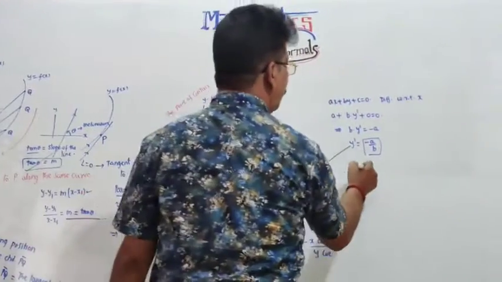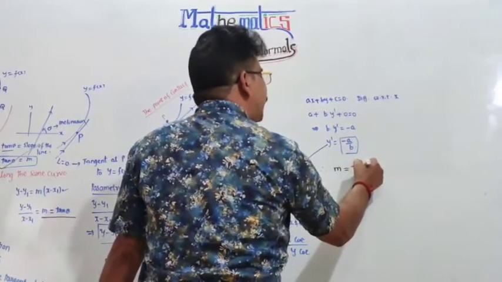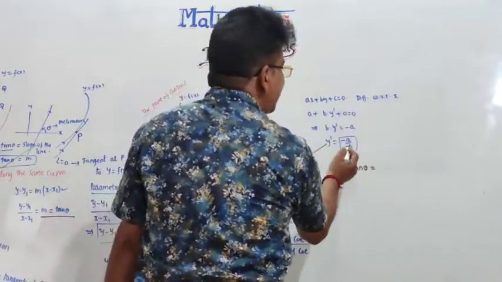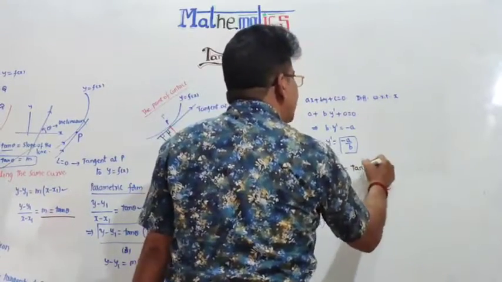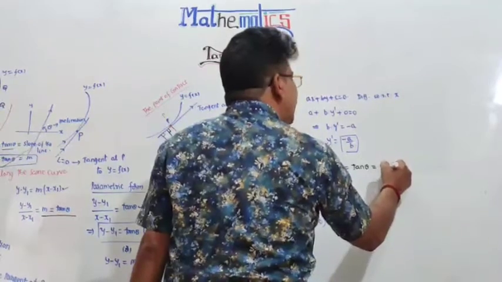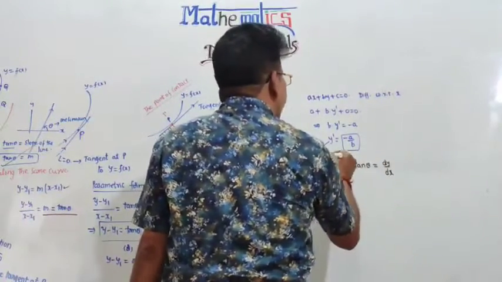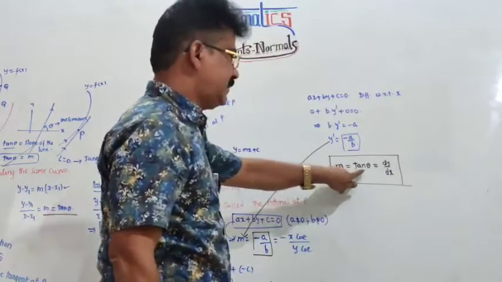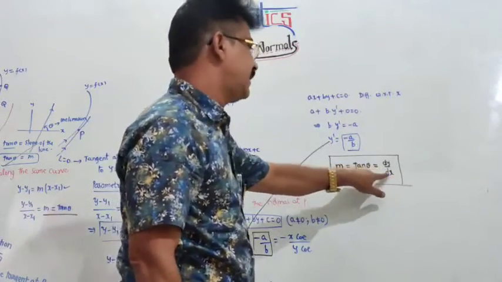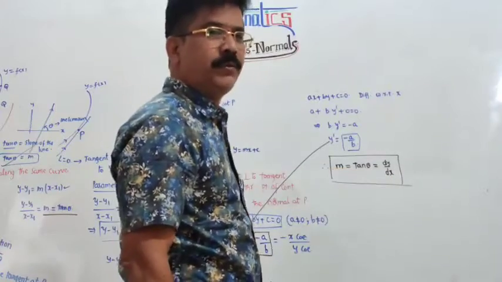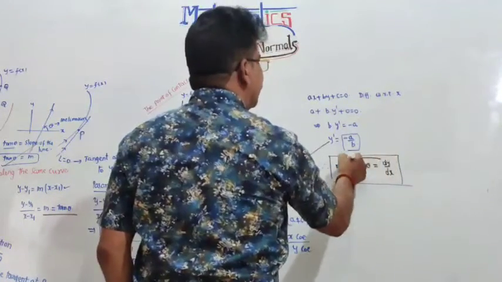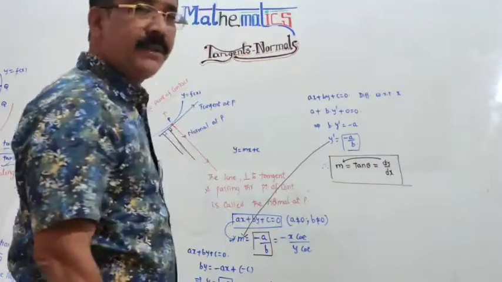Tan theta, slope, is geometry; tan theta is trigonometry. Next we proved that y dash, minus a by b, means dy by dx. So this is geometry language, this is trigonometry language, this is calculus language. So I proved that the first derivative is the slope of the line.